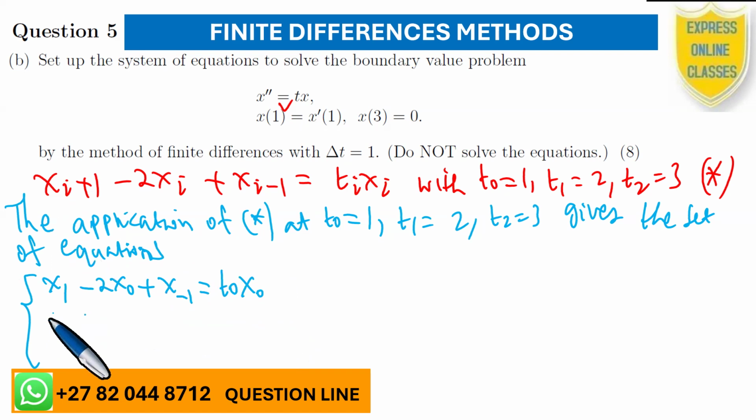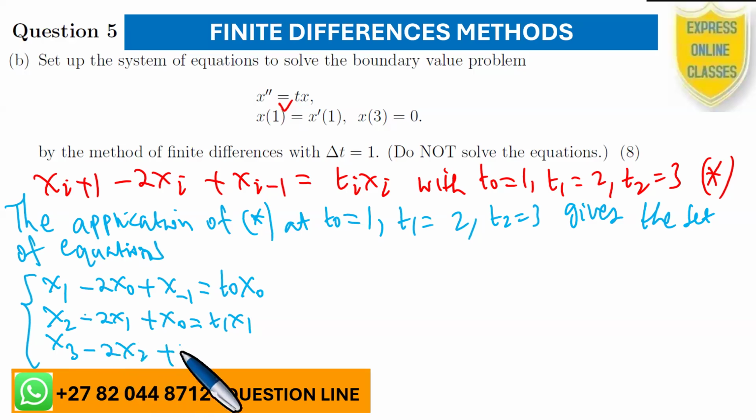When i is 1, x2 minus 2x1 plus x0 equals t1 x1. When i is 2, x3 minus 2x2 plus x1 equals t2 x2.